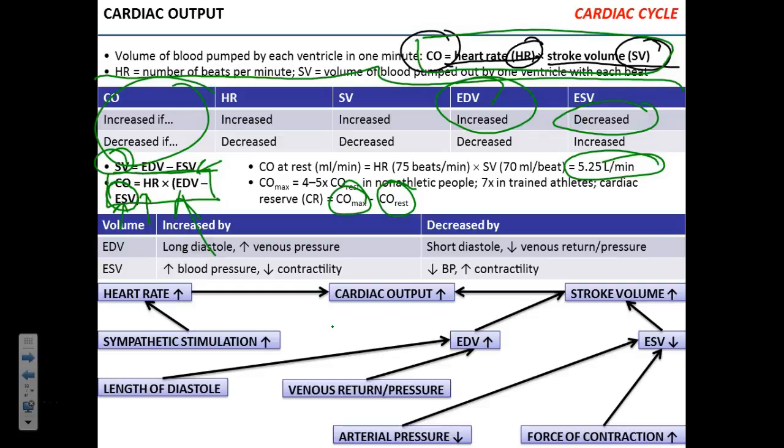So this is summarized in here. End diastolic volume can be increased by either a long diastole or increased pressure in the veins, increased venous return. Okay? And the opposite things, short diastole or decreased venous return, will decrease the end diastolic volume.